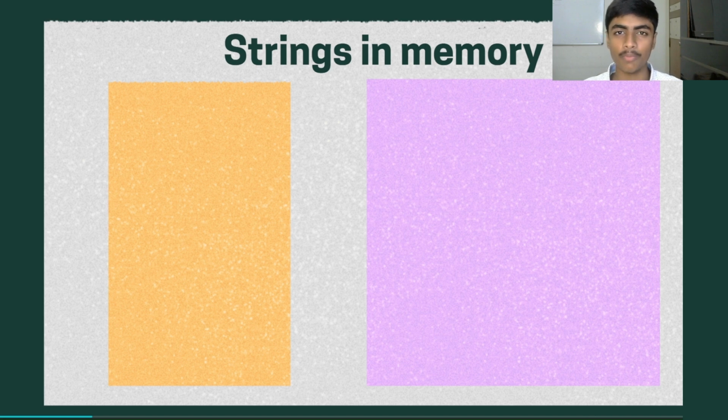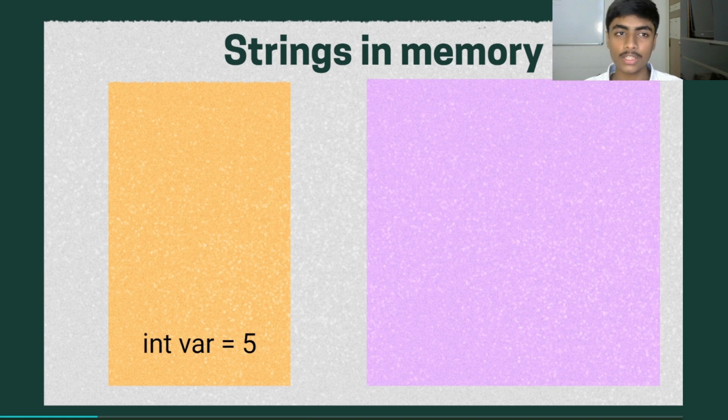And now we're going to make some variables and objects, and we're going to see how they're stored in this memory. Now, if you store primitive data types, they're always stored in this orange column. For example, let's say I have a variable called var of the int data type, and I set it to the value 5. The value and the variable is going to be stored in this orange column. It has nothing to do with this right purple column.